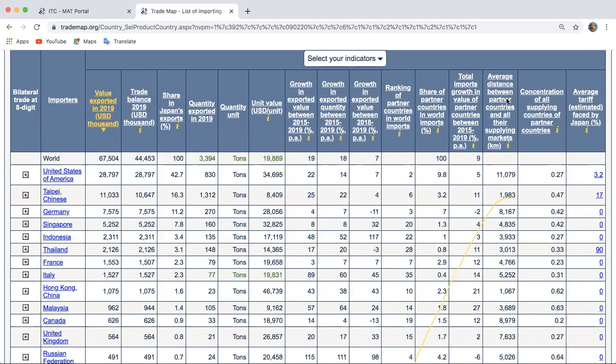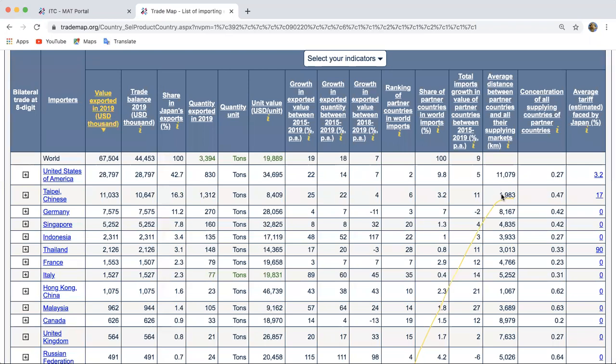Here we see the average distance between partner countries and all their supplying markets. So in this case, it is actually turned around. The average distances we see here now are the distances from these importers, on average, to all its suppliers. So the US imports green tea on average from countries that are 11,000 kilometers away.